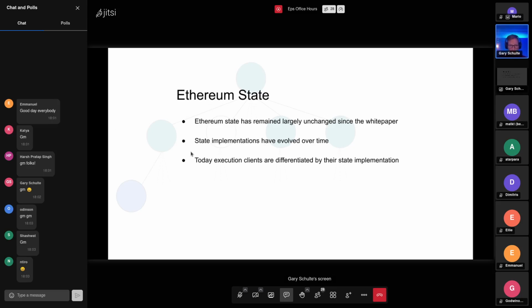But what we're going to talk about right now is the current mainnet Patricia Merkle tree implementation and how the different clients implement that. And despite the fact that the state specification hasn't changed since 2016, the implementations in different clients have definitely evolved over time, and really differ. Today, the execution clients really differentiate themselves by their state implementation.